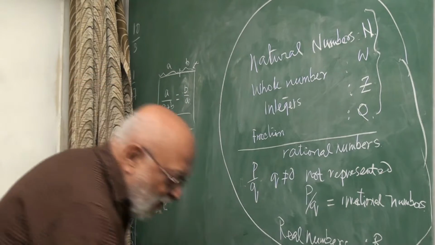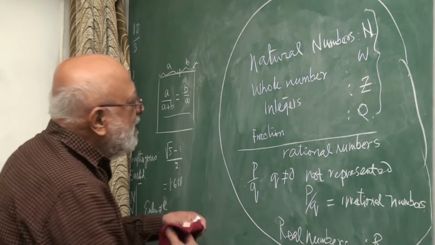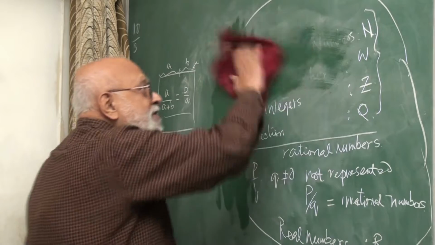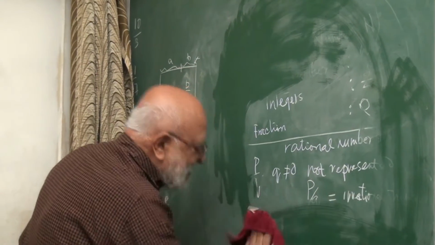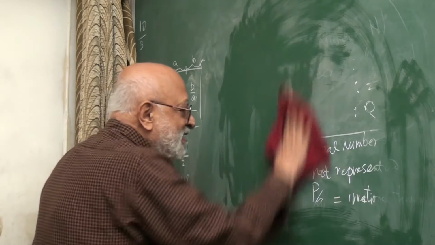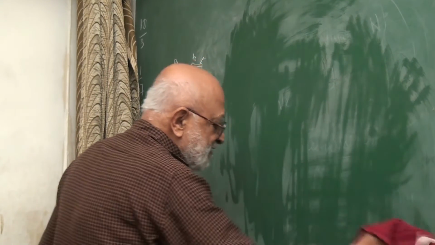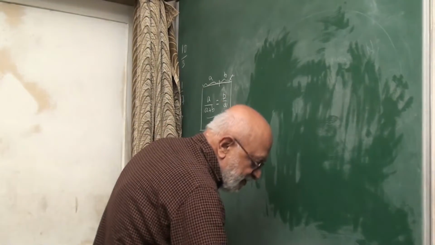Okay. Now how do I know the difference between a rational and an irrational number? One of the ways is that there are some well known, well established icons of irrational numbers that you have been using.